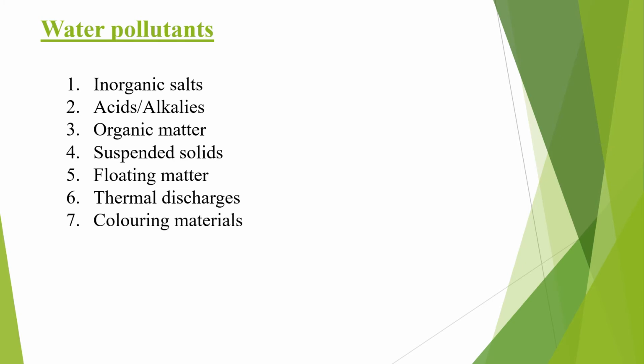Next, coloring materials. Color in water is an indicator of pollution. Color interferes with the transmission of sunlight into the stream, thus reducing its natural disinfection action. Color in water is contributed by the effluents discharged from textile industries, paper mills, slaughterhouses, etc. The next water pollutant, toxic chemicals.